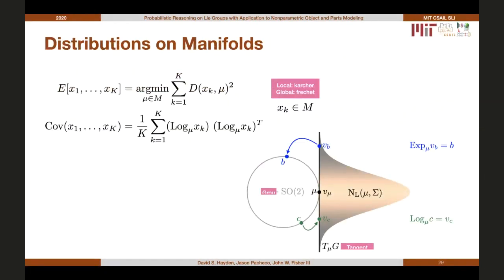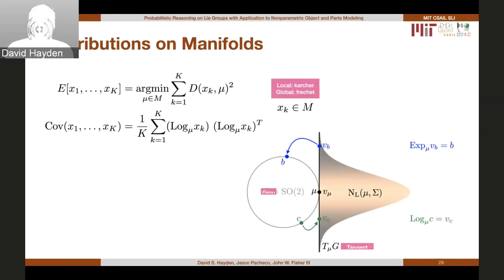Okay, and then the last thing is we need some notion of expected value and covariance. In the case of manifolds, you can define the expected value of k elements on the group, so these are SE2 or SE3 elements, as the minimizing mu, the thing that minimizes the sum of the distances of those elements to that mu.